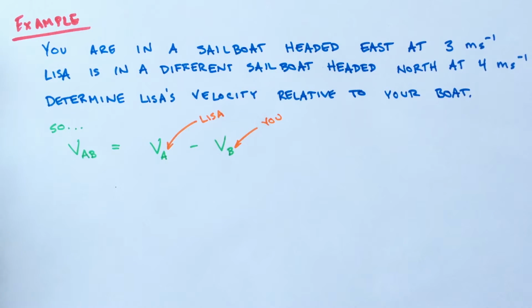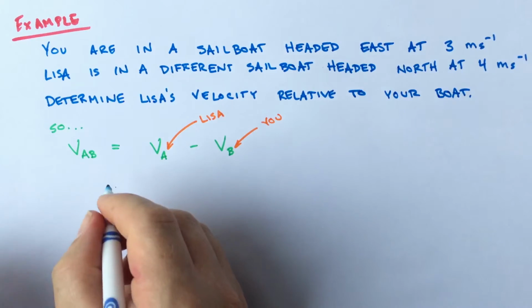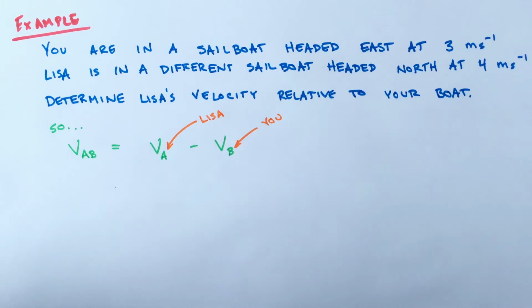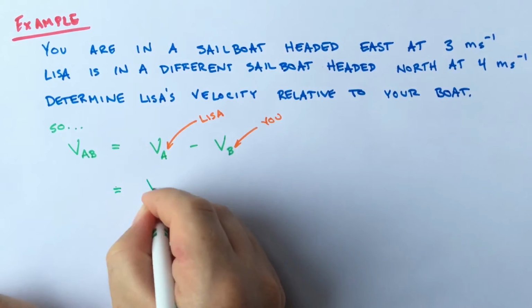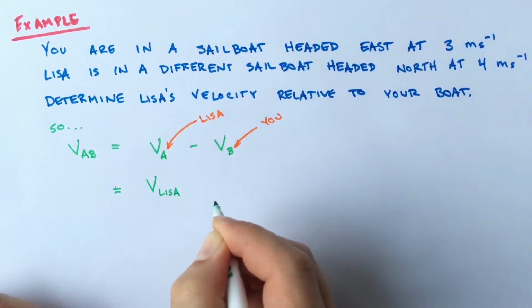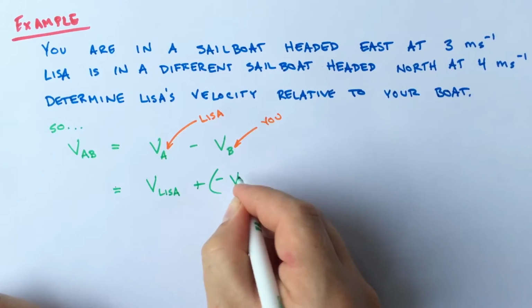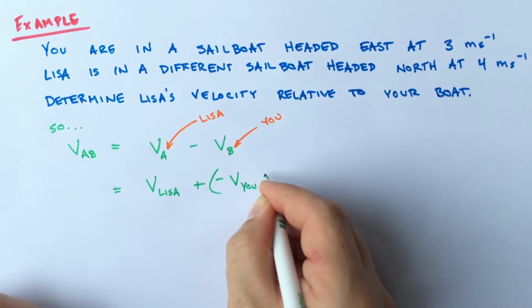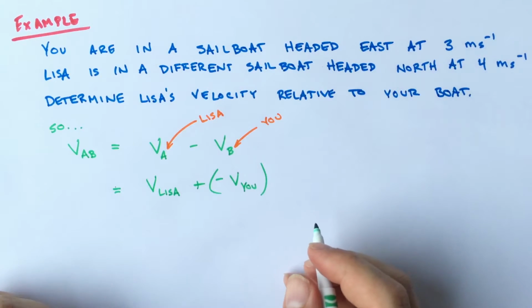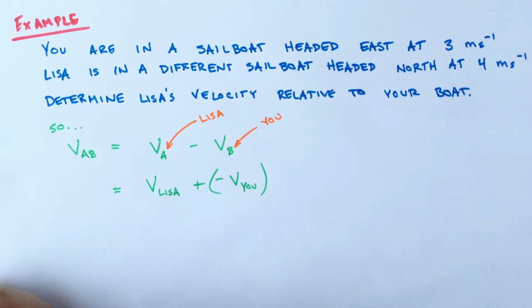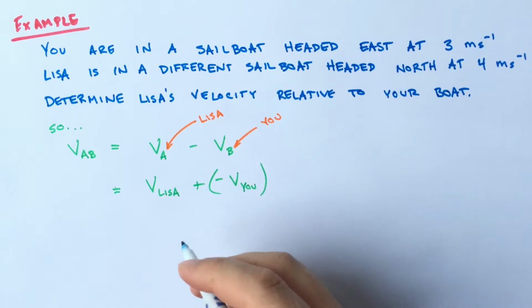All right. Well, let's jump in here. In order to solve this, we need the velocity of Lisa plus the negative velocity of you. And let's draw a vector diagram that shows that situation. We have the velocity of Lisa.